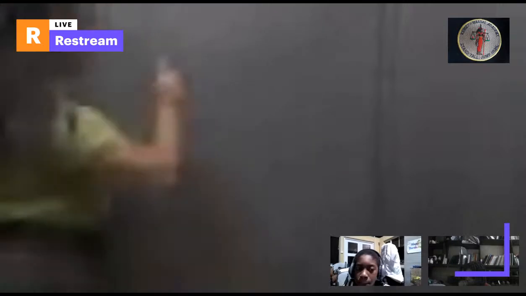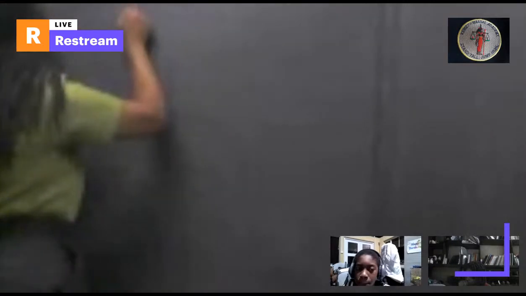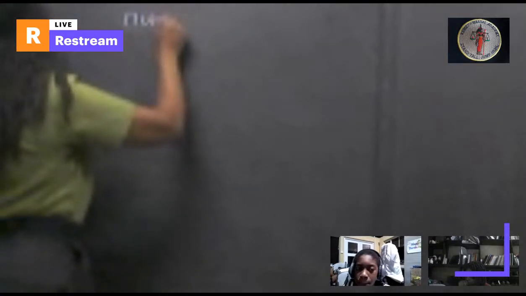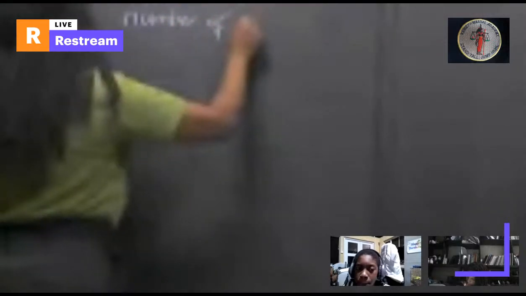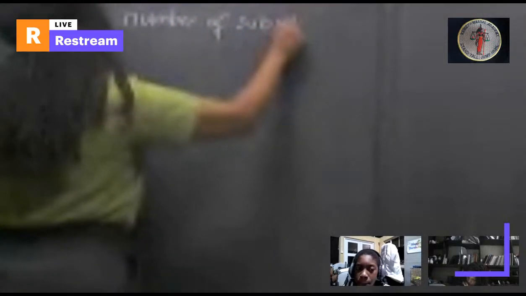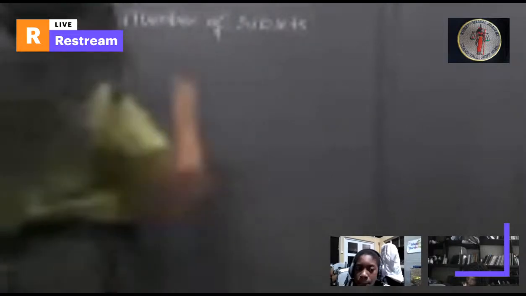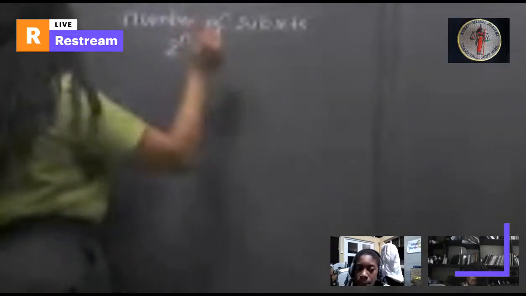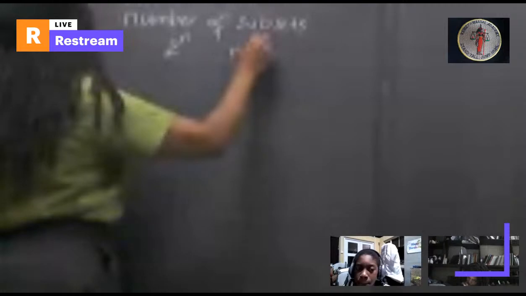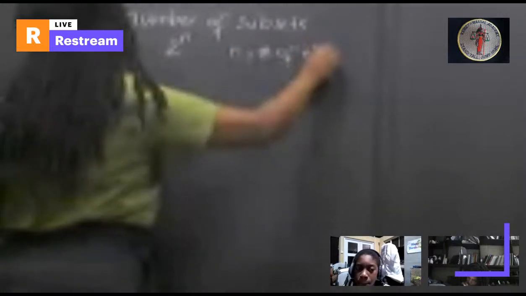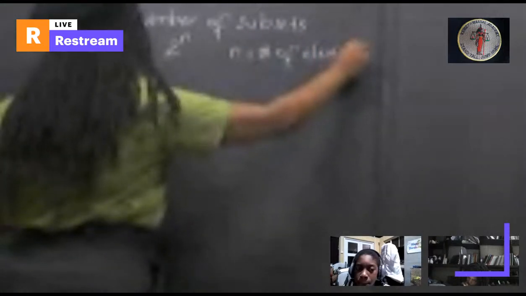All right, so, number of subsets, and this is given by 2 to the power of n, where n is the number of elements in the set.